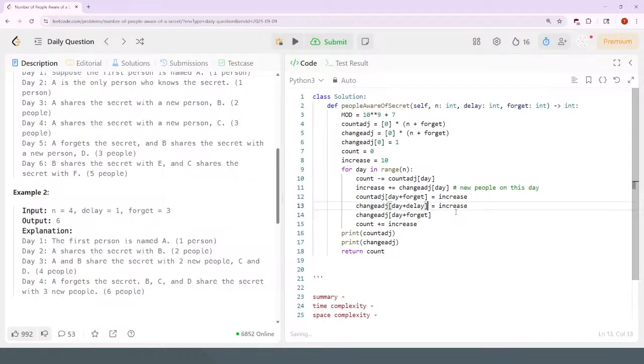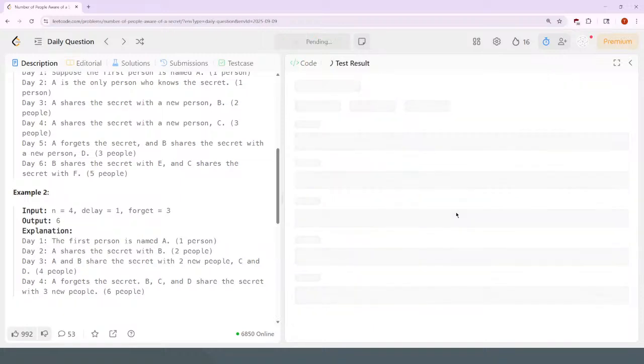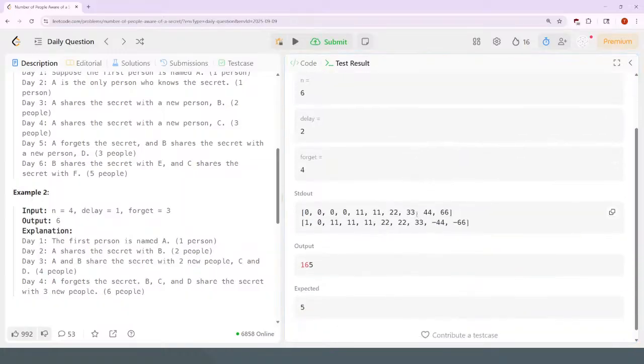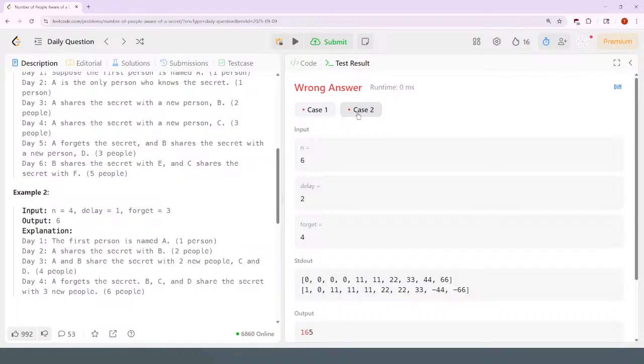So this is plus equals, and this is minus equals increase, because on the day they forget, they also removed that velocity. Still very wrong.